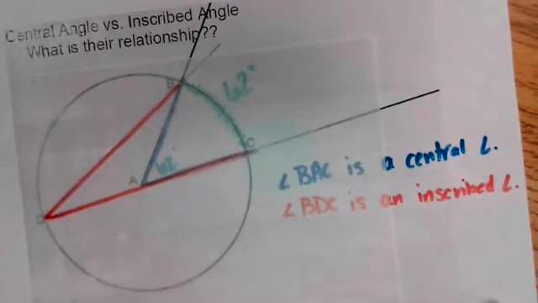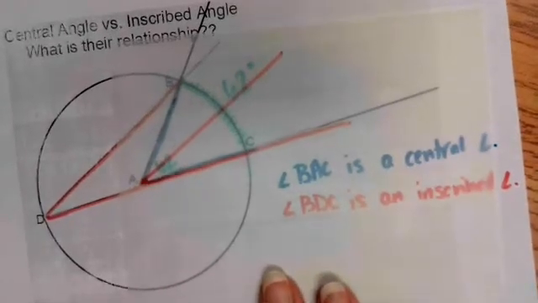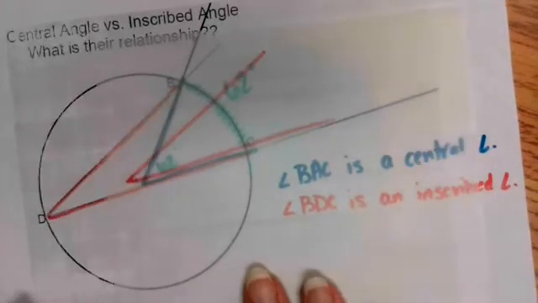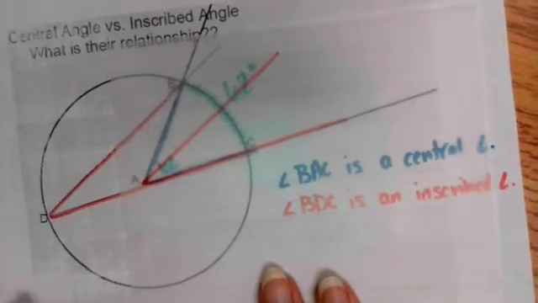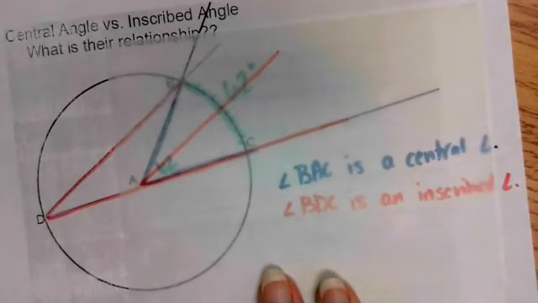If I overlap my inscribed angle onto my central angle, you will notice that my inscribed angle is not 62 degrees. When I move it to my central angle, and I know my central angle is 62, my inscribed angle is not. My inscribed angle is actually half of 62 degrees.